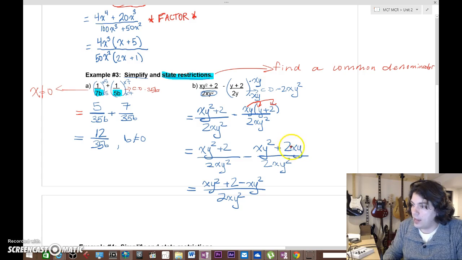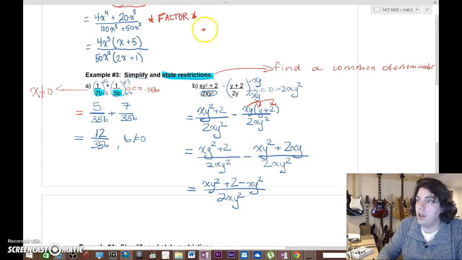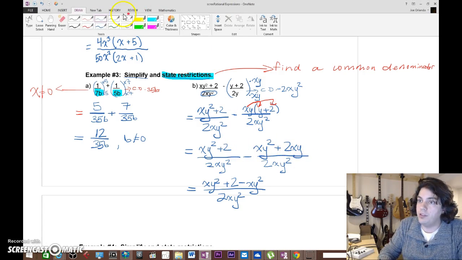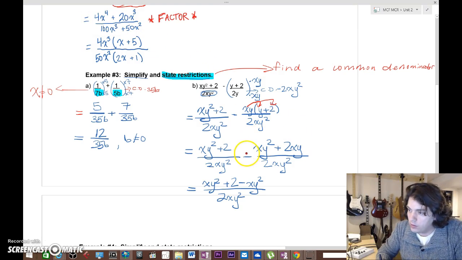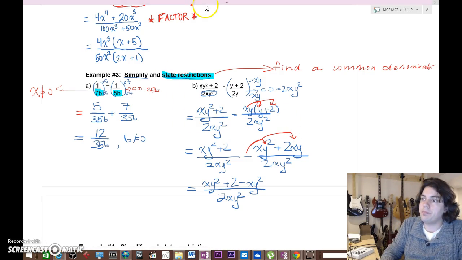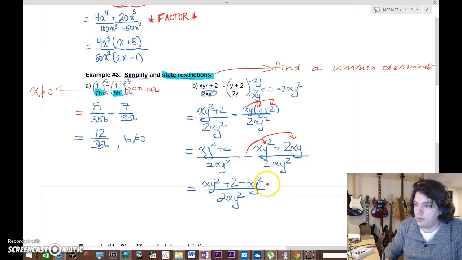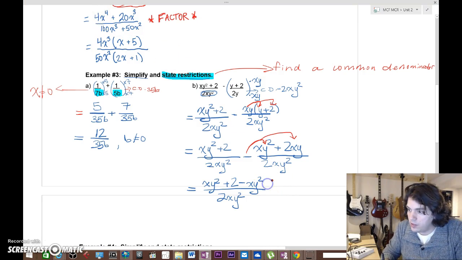And we're going to subtract 2xy, because remember that negative sign will distribute in. It applies to the whole fraction. We're subtracting all of this. So we subtract xy squared, but we also subtract 2xy. And with that in mind, we say minus 2xy, just like that.